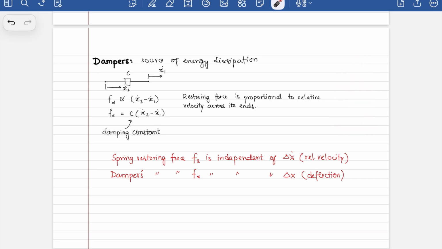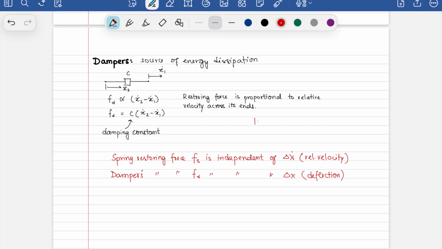It doesn't really care about whether the piston is above or below. Okay, so for now, this here is a mathematical model. Again, it is linear, which means that it doesn't follow a quadratic or any other relation with the relative velocity. So it is linear. It is also massless. It is also passive. Okay, in this class.